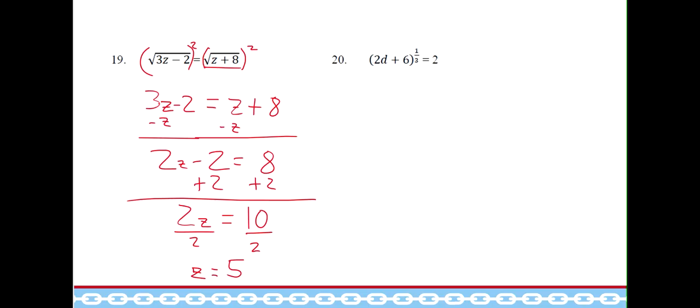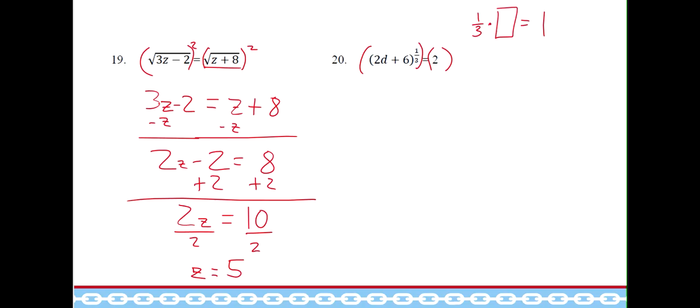And then number 20, this is actually an exponential form. 2d plus 6 all to the 1/3 power equals 2. I need to get rid of that 1/3 power. And to do that, I need to take it to something that when I multiply the 1/3 by something, I get a 1.